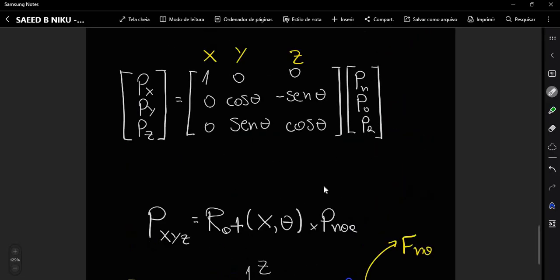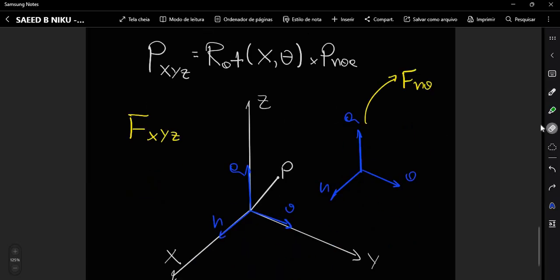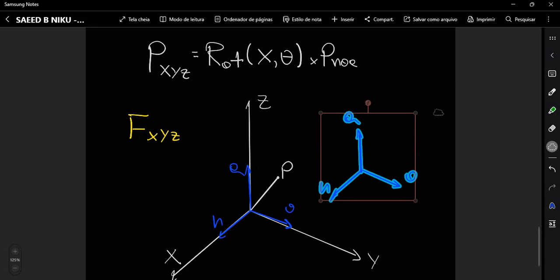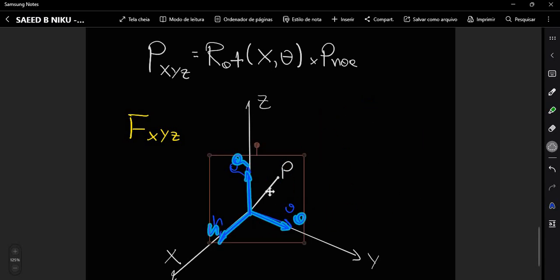As this matrix is characteristic of a pure rotation on the axis x, what's going to happen is this is what is happening.